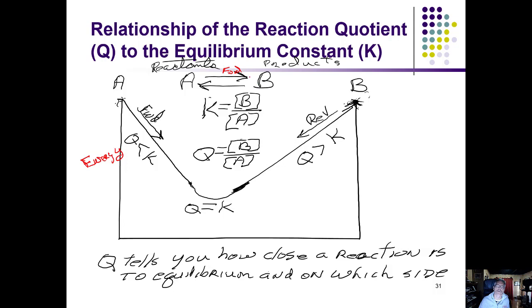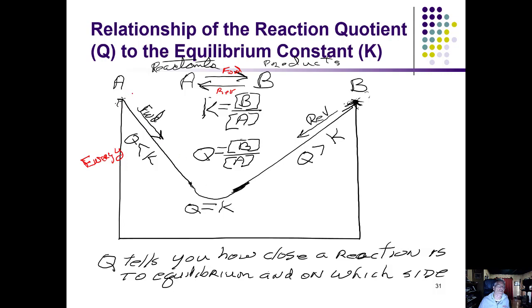Now, as products are being made, they build up their concentration and they start to run in reverse in an equilibrium process to make some of our reactant A. But if we haven't gotten to equilibrium, it's still going to principally have to go more in the forward direction than the reverse direction. You can think of it as a ball rolling down a hill.